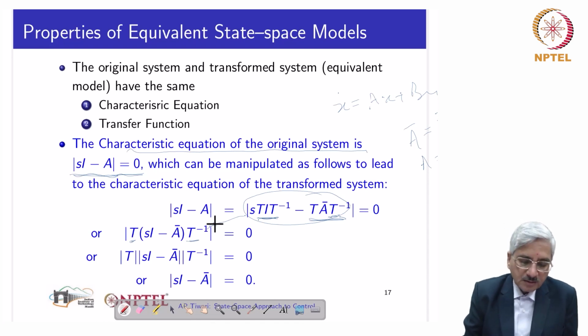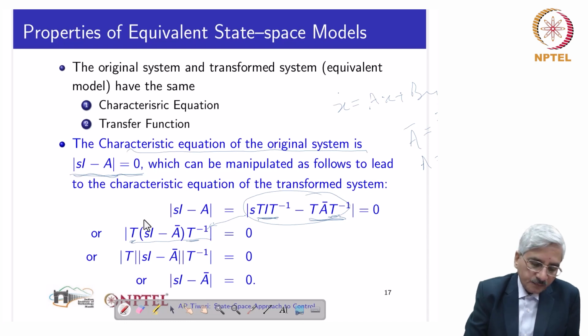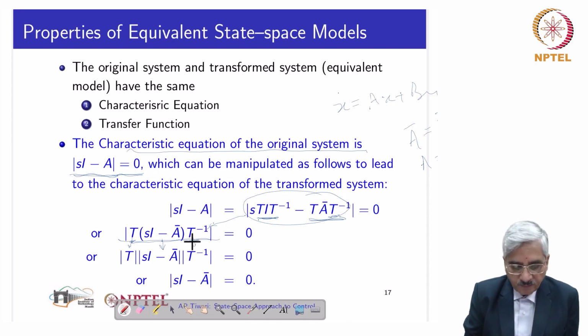Because the determinant of a product of matrices is the same as the product of the determinants, this whole determinant becomes equal to the product of three determinants: the determinant of T, the determinant of sI minus A bar, and the determinant of T inverse.